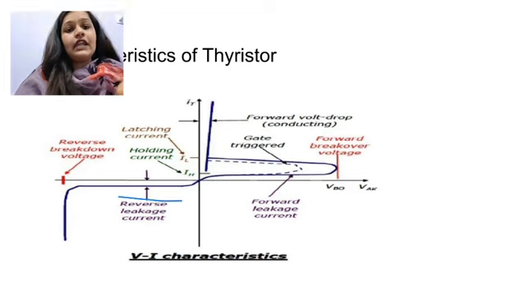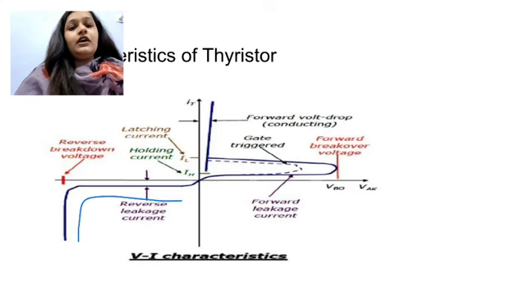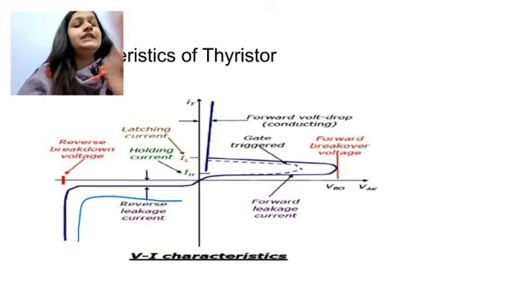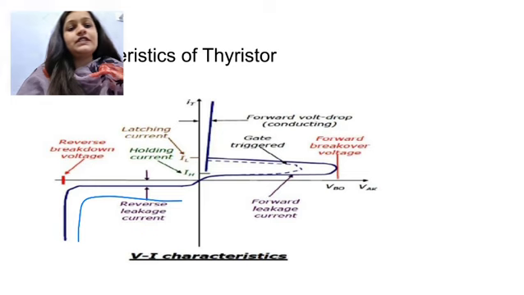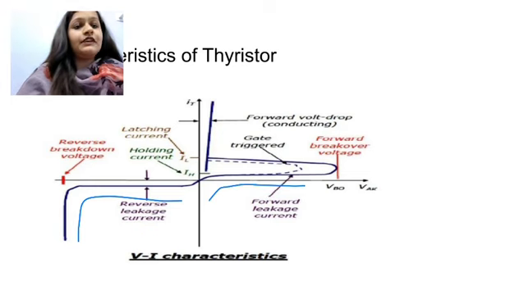This line shows the reverse blocking mode, where the current increases slowly and a point comes where avalanche breakdown occurs, where current starts increasing rapidly and voltage remains constant. This is the first mode. The second mode that we have discussed is forward blocking mode. As you can see, up to VBO this line shows that minimum current is flowing. This is known as forward blocking mode.